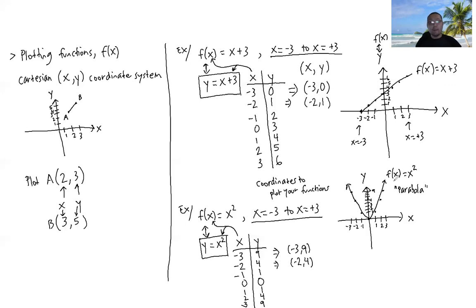And if you did, then good job. And so this was going over what a function was, learning how to evaluate them, and learning how to plot them using our XY Cartesian plane. So if you have any questions, please add them below, and then let me know how it goes, okay?